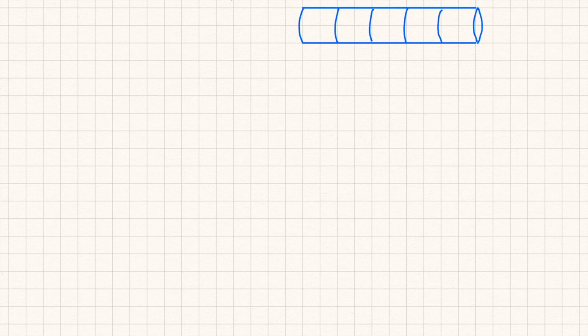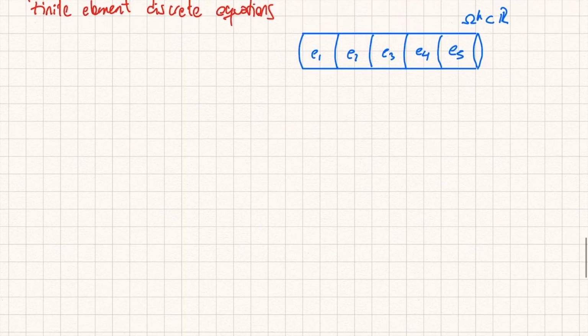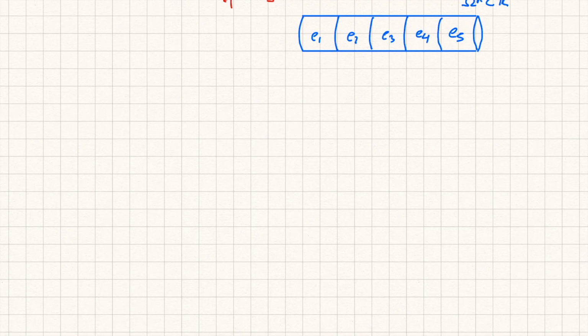Okay. So this is going to be my element 1, element 2, element 3, element 4, element 5. And accordingly, you could argue that this here is going to be my node 1, 2, 3, 4, 5, 6.